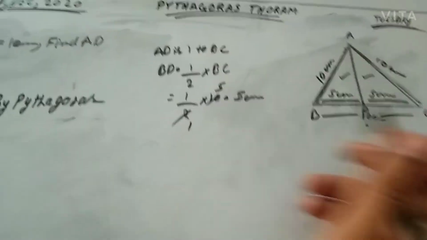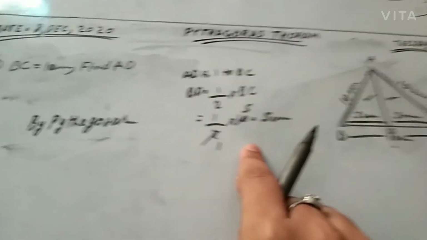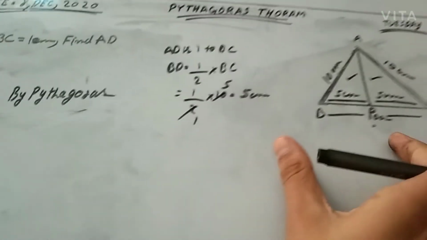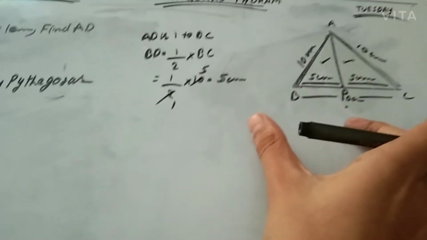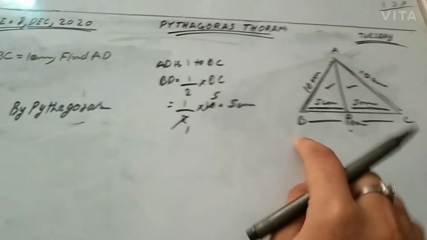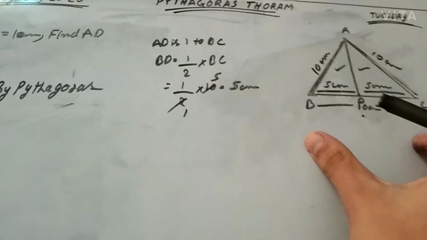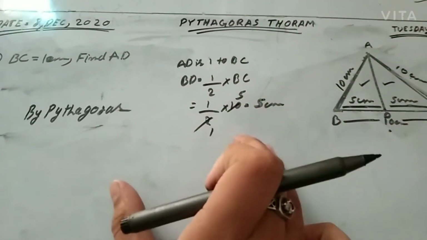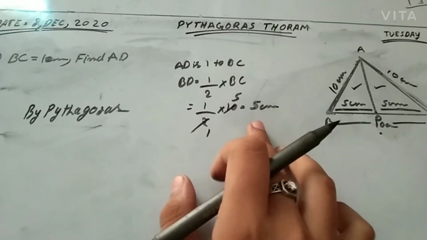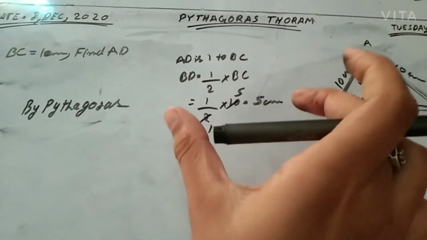We have written this to prove that the side is 5 centimeters, because you can't write directly that this is 5 centimeters. You have to show this by putting this formula, or you have to show this by solving. So let us make the equation by Pythagoras.